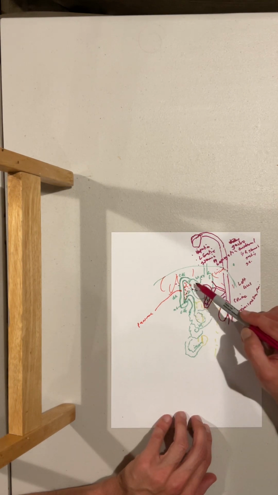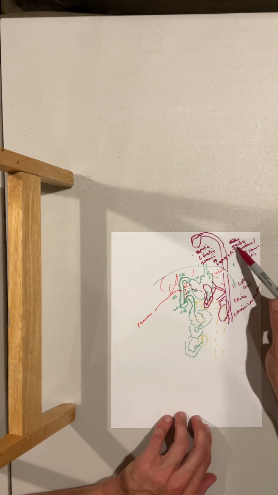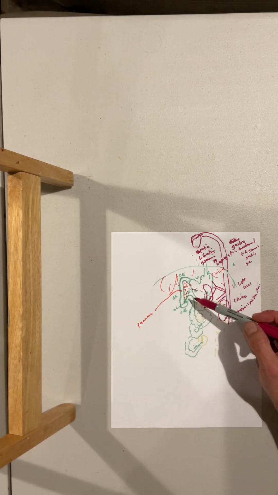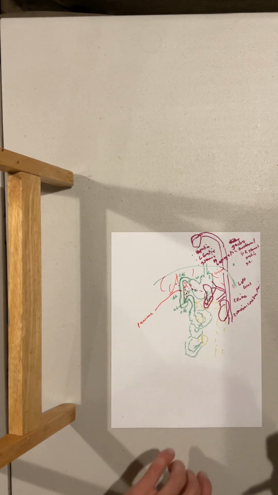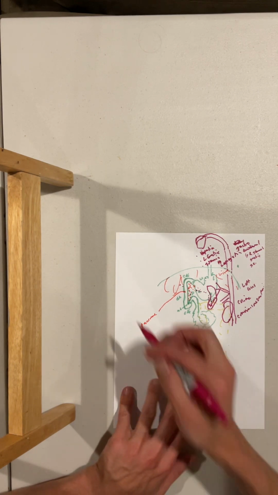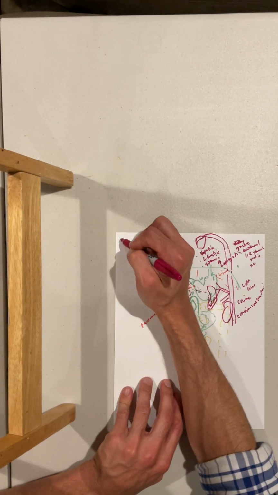Once our arteries come off for the stomach, there's no need to continue having gastro as part of the name. Now that becomes the cranial pancreatico-duodenal artery.